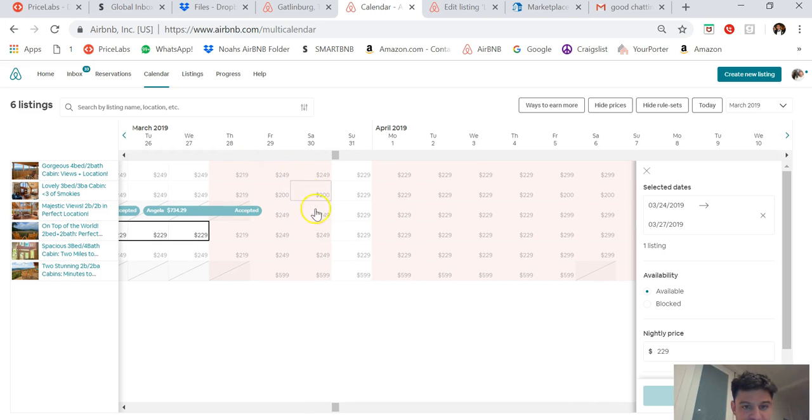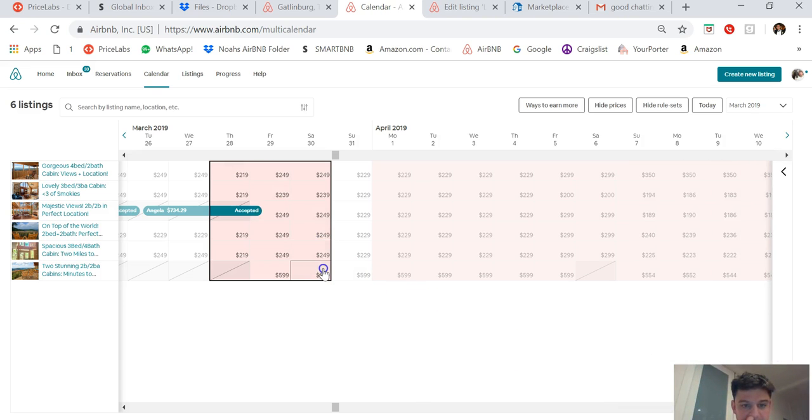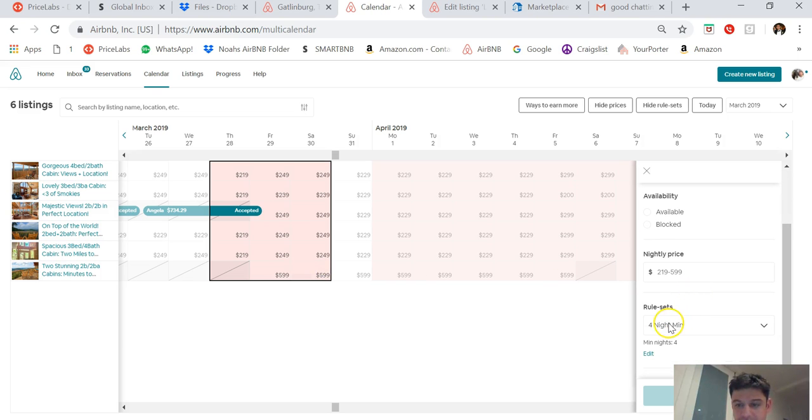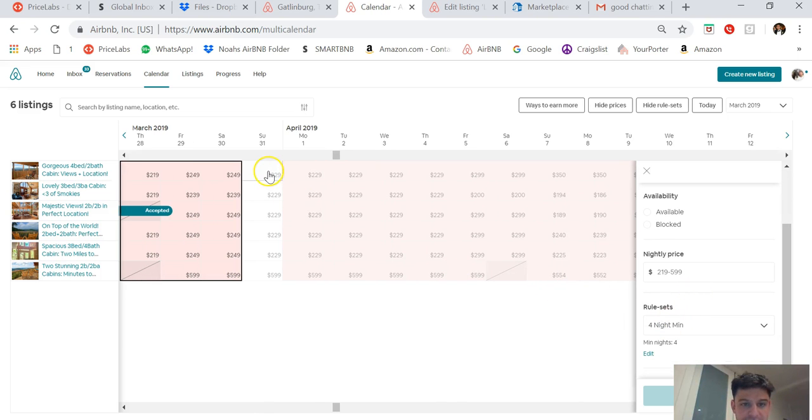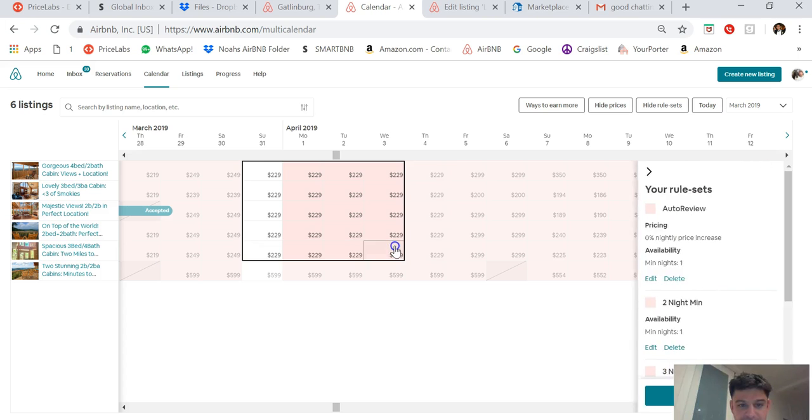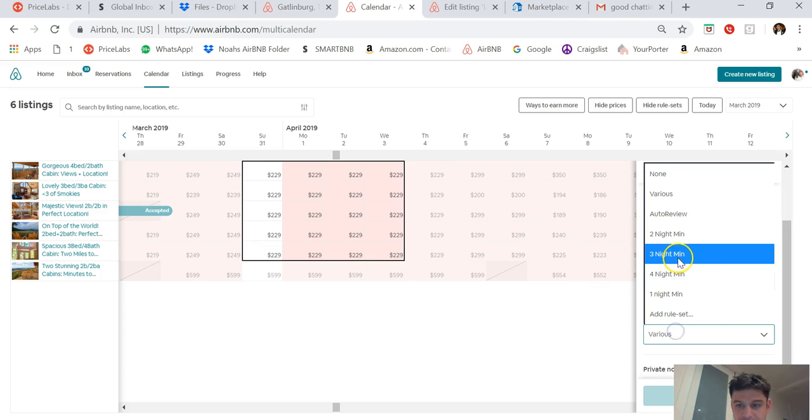Thursday, Friday, Saturday. Again, we'll push this back out. We'll do our same thing here. 4-night min, we've got already. Sunday, Monday, Tuesday, Wednesday. 3-night.